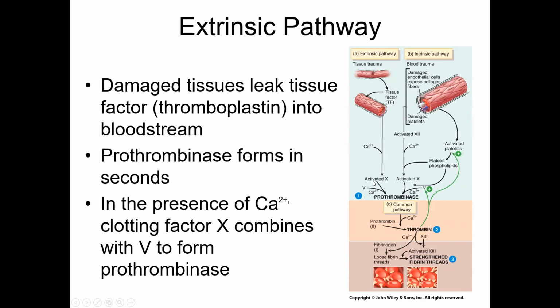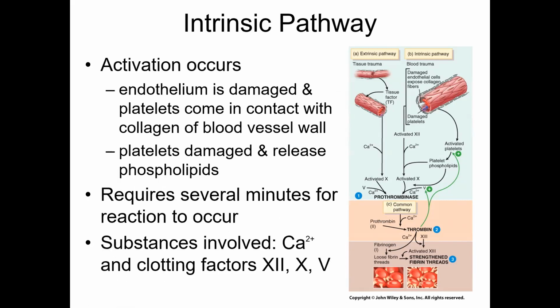Let's take a look at the other side of this illustration, intrinsic pathway. So intrinsic pathway is triggered from inside when the endothelium, the lining of the blood vessel, come in contact with the activated platelets. The released phospholipids from platelets will be the activating factor.